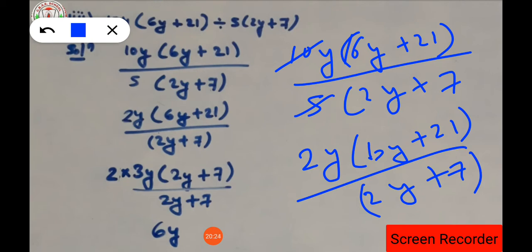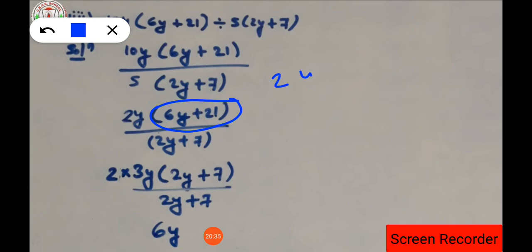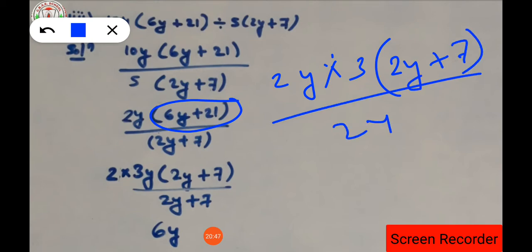Now 6y plus 21 is here. We have inside the bracket 6y and 21, isn't it? So 3 can be taken common, because 6 is 2 into 3 and 21 is 3 into 7. When 3 is taken common, what is the number left out? That is 2y plus 7 upon 2y plus 7.